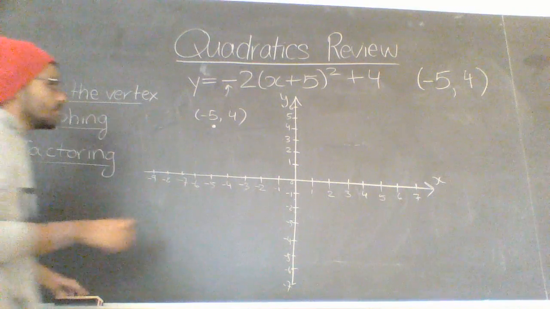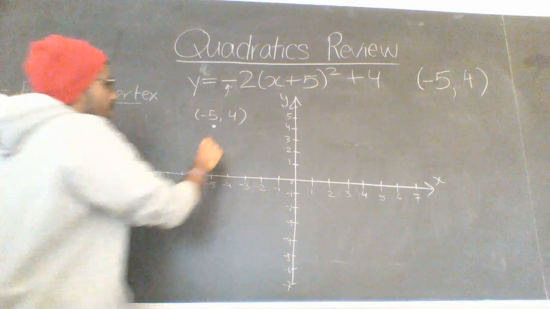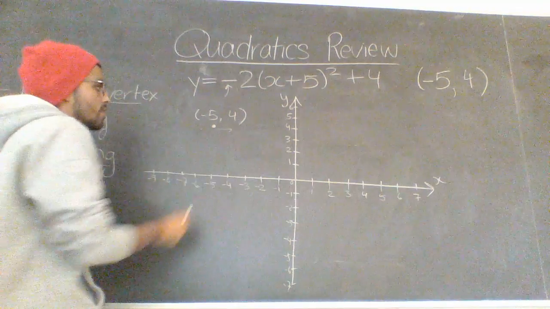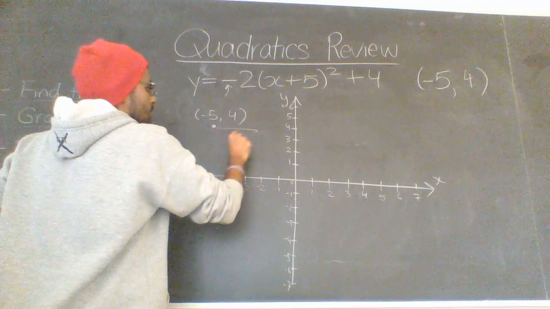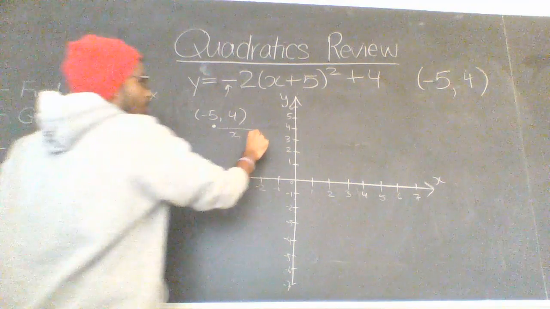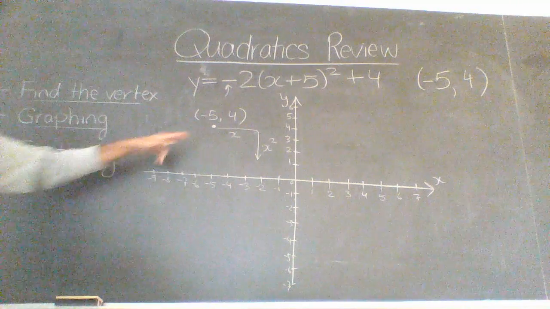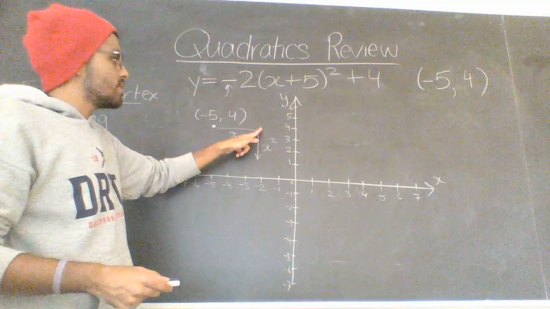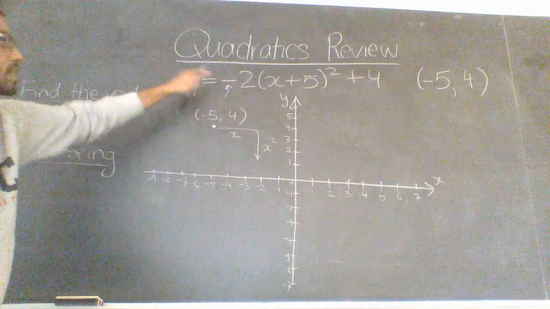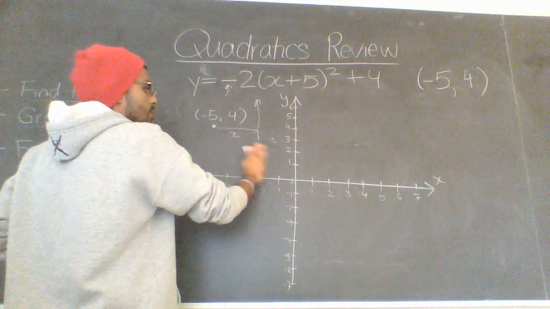So what this negative sign is telling us is that if we go some number of units in the x direction, it could be 3 or something, then we have to go x squared units down. If we go 3 units this way, we go 3 squared units that way. If there was no negative sign, we'd be going up x squared units.